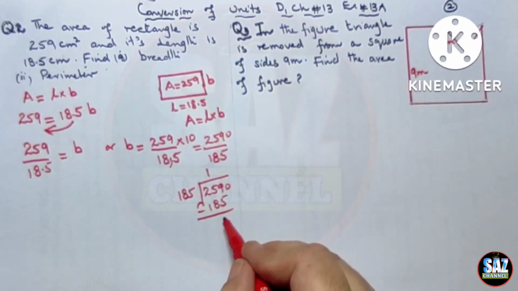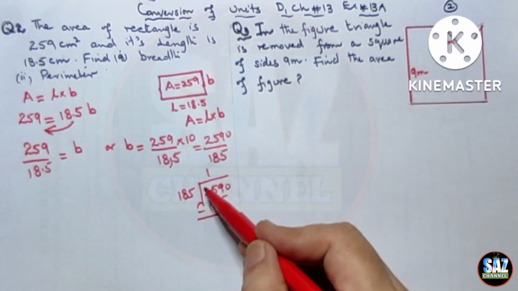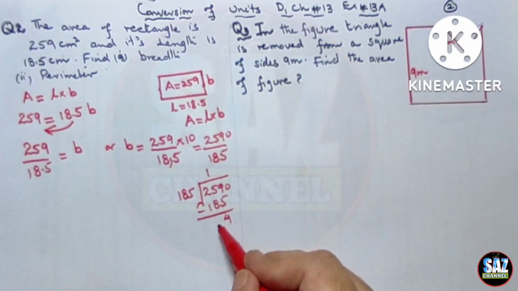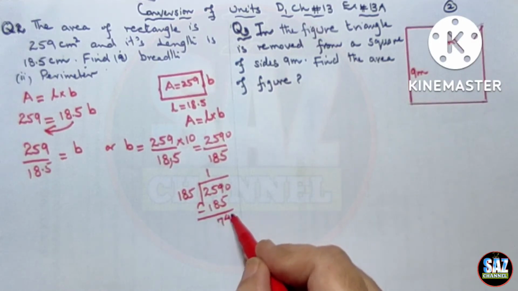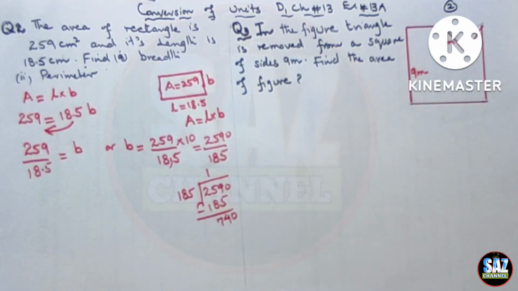9 minus 5 is 4, and 5 is less, so I have to take 1 from this 2. 15 minus 8 is 7 and 4. Now I have to read the table of 185 so that I can reach 740. As 2 was not suitable, I have to give a try for 3.